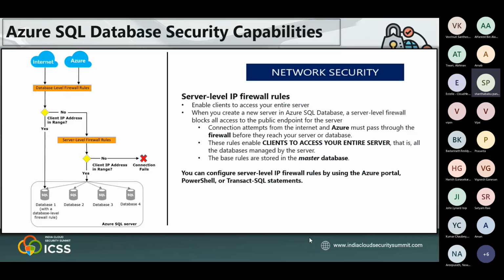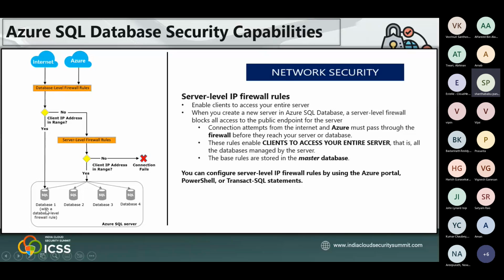If you look at the flow diagram recommended by Microsoft, basically from the external, the Azure environment, you try to access through the internet. That will hit the database level first. If a database level firewall rule has been set up for your IP, that will directly give you access to your database.